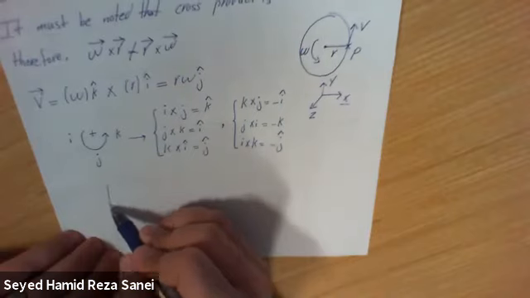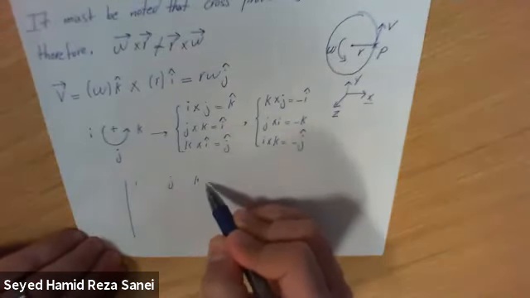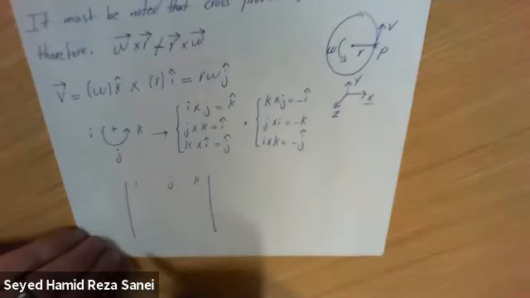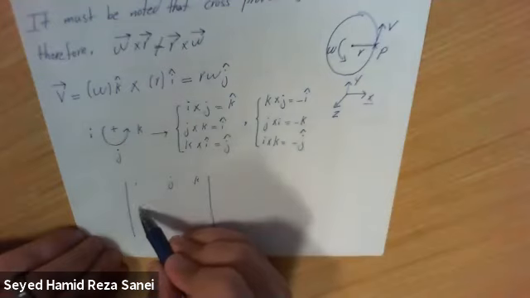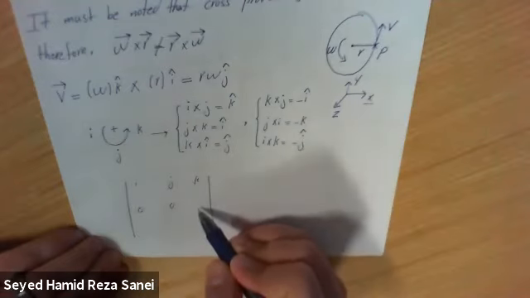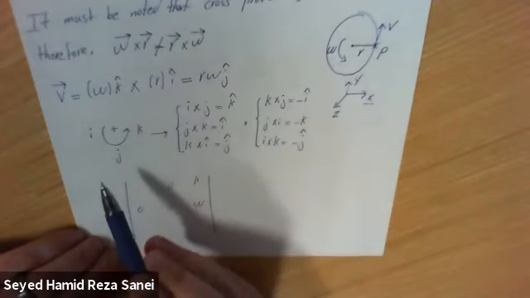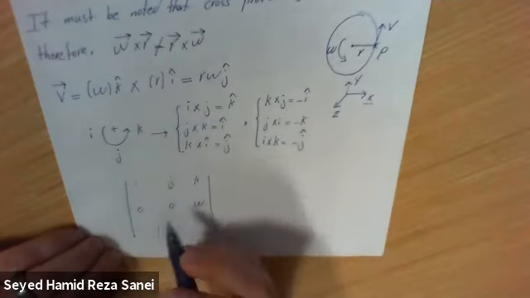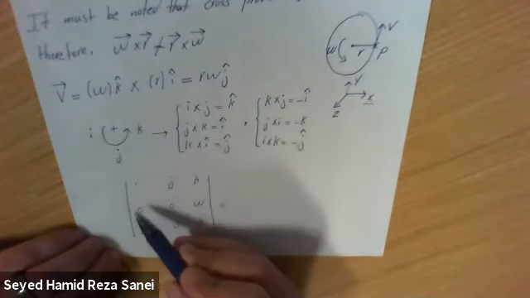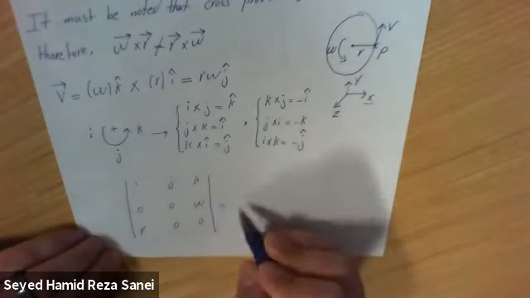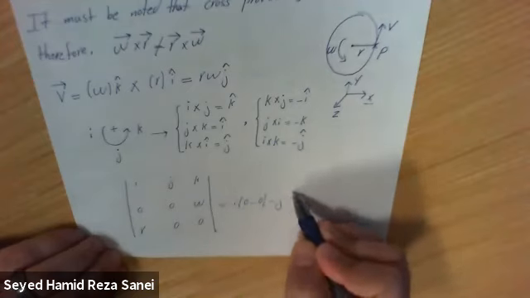If you don't want to use it, you write the cross product definition with i, j, k, and the second row would be the first vector, which is our omega. It only has a k component, so it would be omega. And then the third row would be our second vector, which is R, and it only has an i component, so the rest would be 0. So i would be 0, no component in i, 0 minus 0. j is negative.